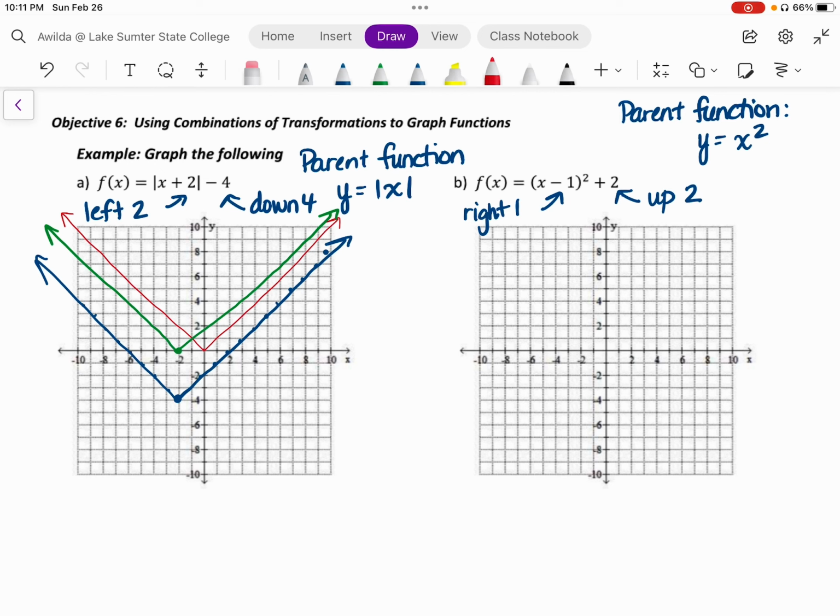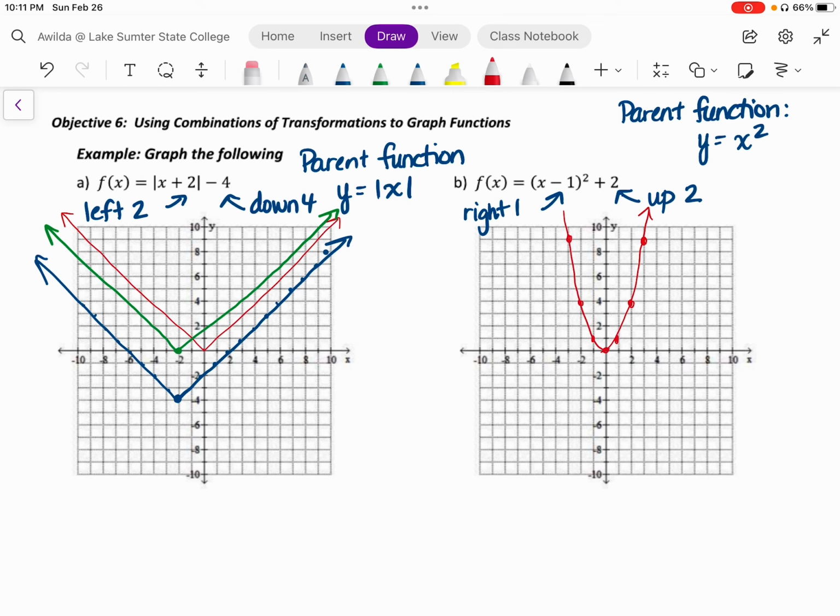So let's start with our parent function, y equals x squared. I have a point there, there, there, and there. So here's my first branch for the parent function. Then I'm going to have a point here, here, and here on the left.